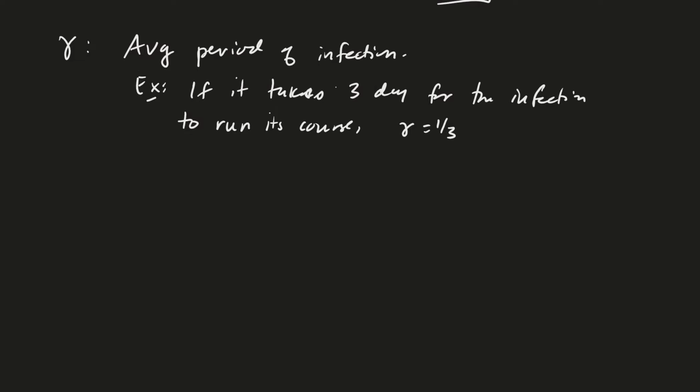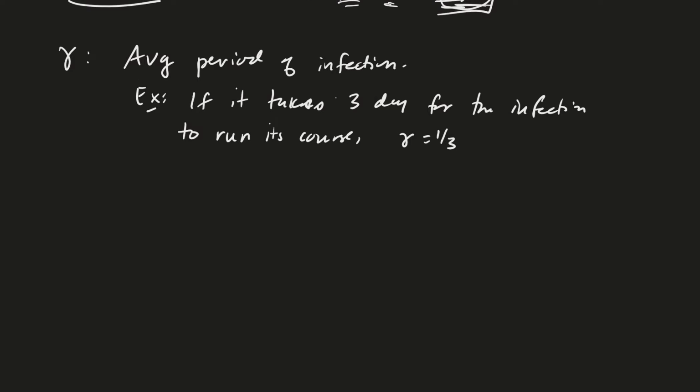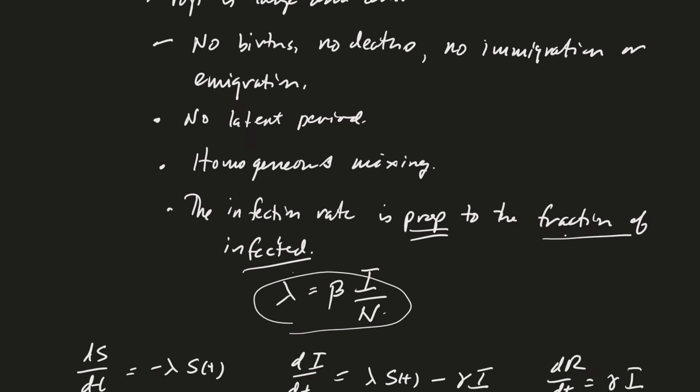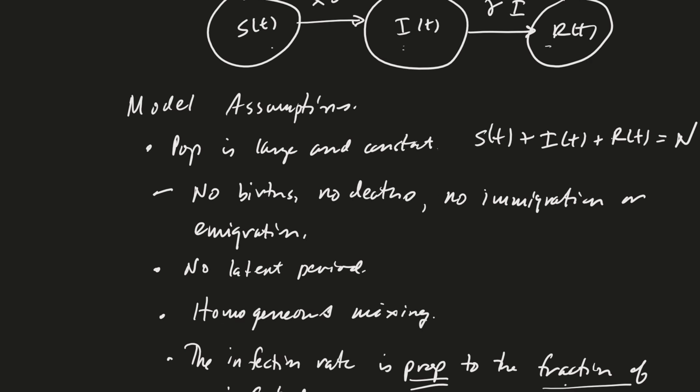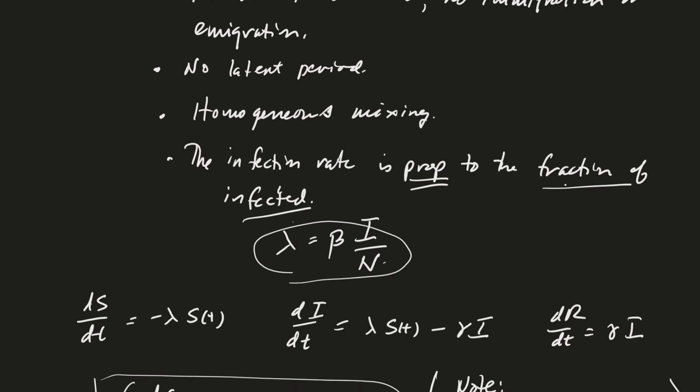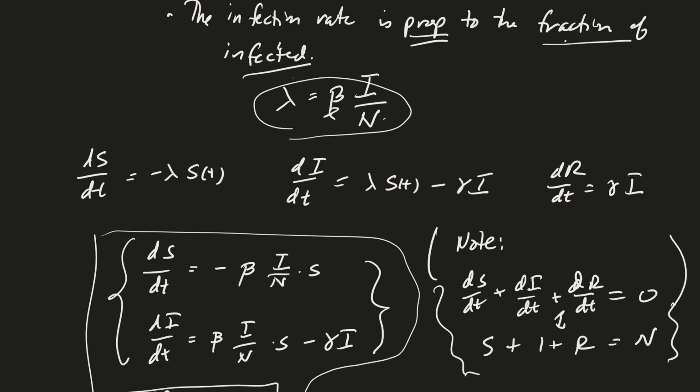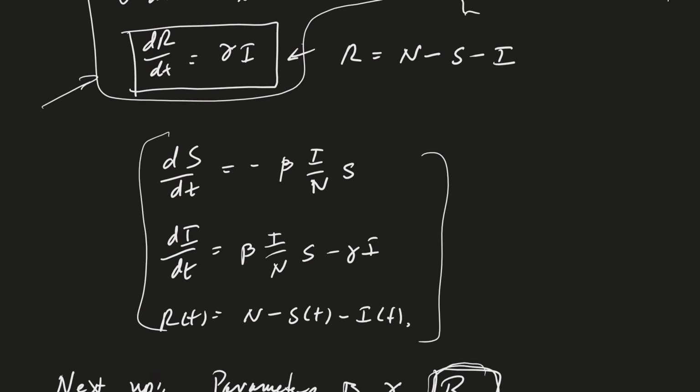Now similarly, beta is going to be the rate of infection, right? Because that's, let's go all the way to the top here. Actually, beta's here. So beta is the rate of infection, which means what?